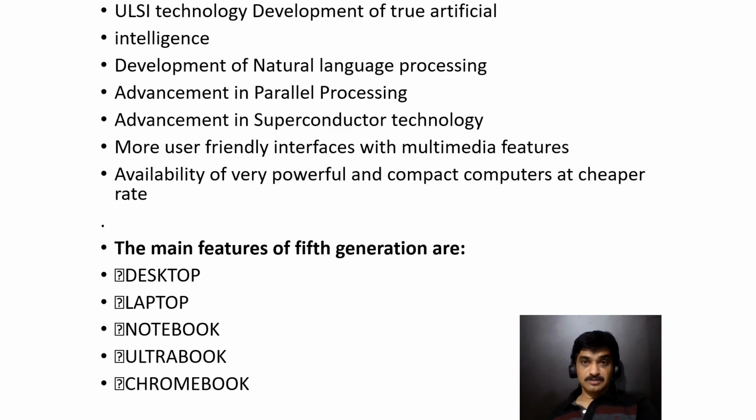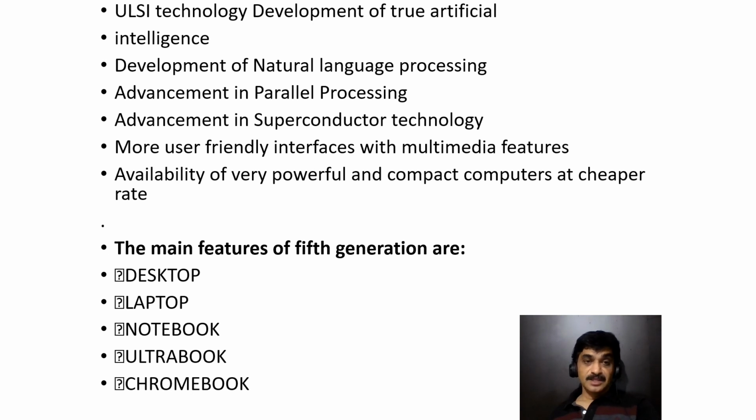ULSI technology, development of true artificial intelligence, development of natural language processing, advancement in parallel processing, advancement in superconductor technology. The main features of the fifth generation computers were like desktop, laptop, notebook, ultrabook, Chromebook. Availability of very powerful and compact computers at cheaper rates.